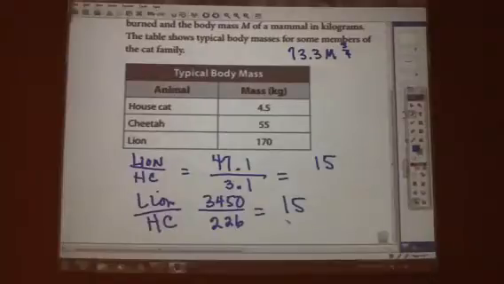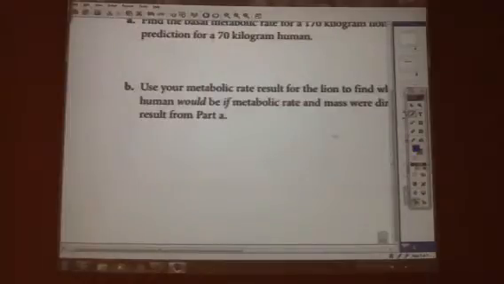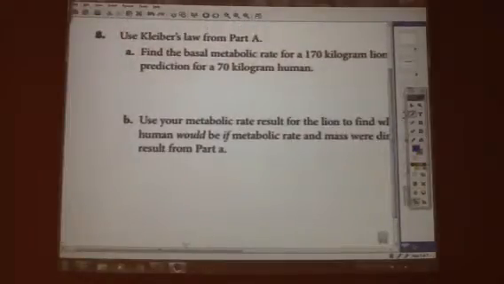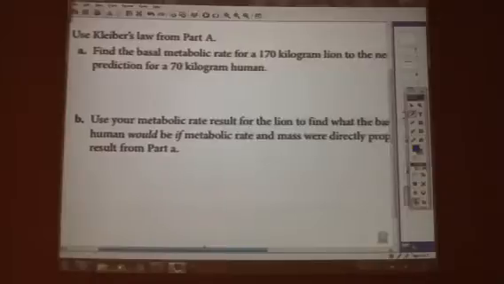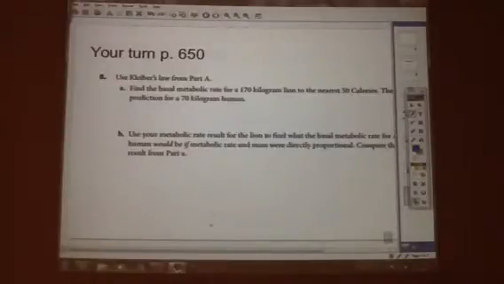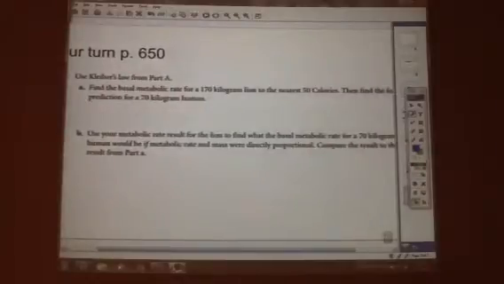All right, turn to page 650, your turn, number 8. Now this one's a little confusing, because they call the things, they're too close to the same words. It says use Kleiber's law, so we're still using the 73.3 m to the 3/4.